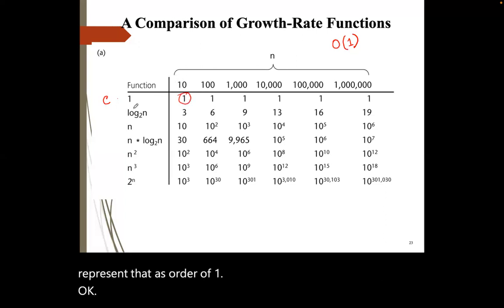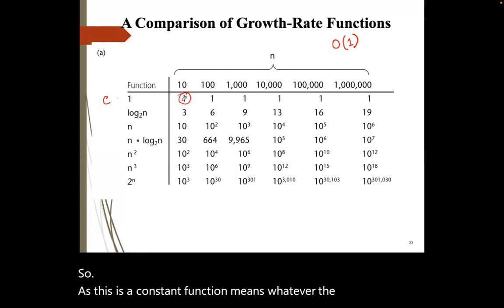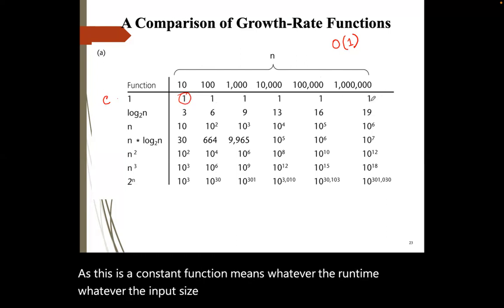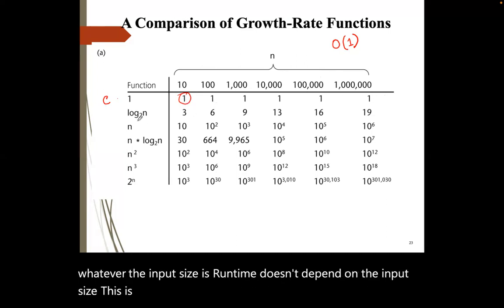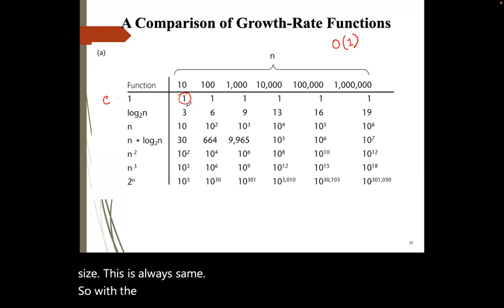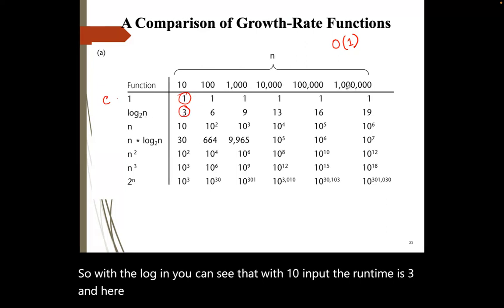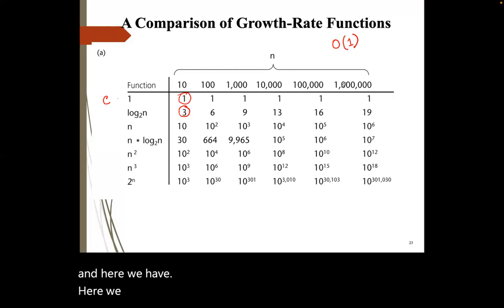As this is a constant function, whatever the input size is, the runtime doesn't depend on the input size. It is always the same. With log n, you can see that with 10 inputs, the runtime is 3, and with 1 million inputs, the runtime is 19.